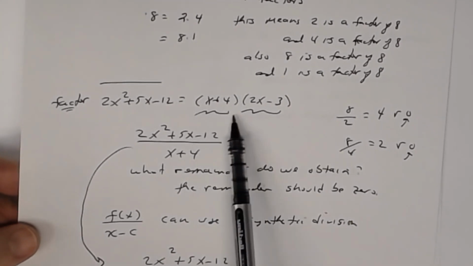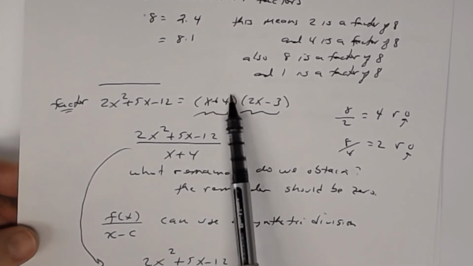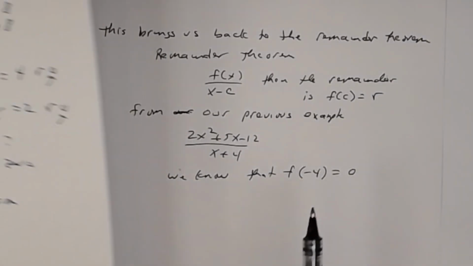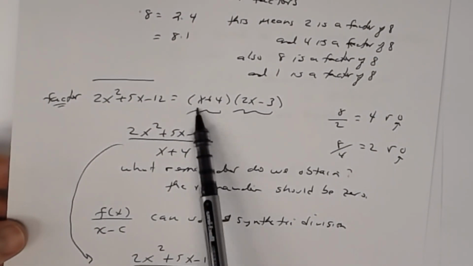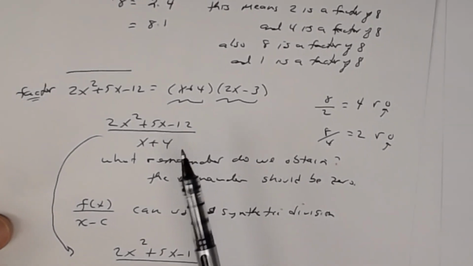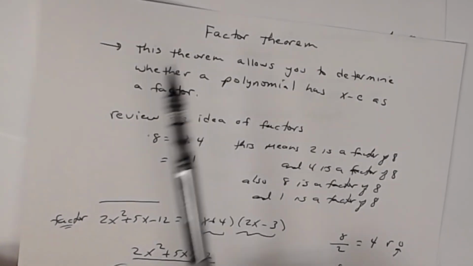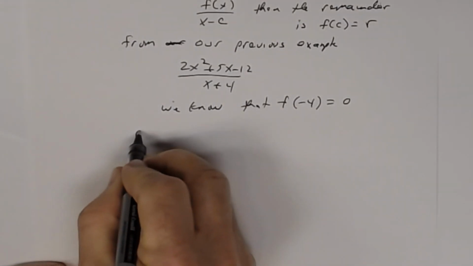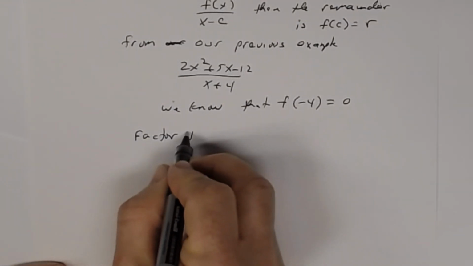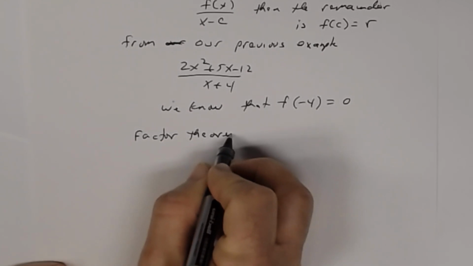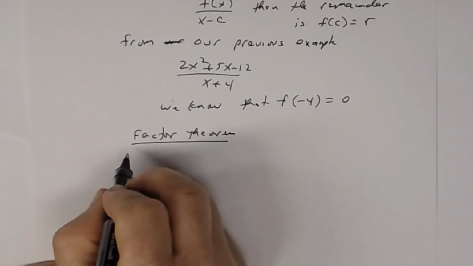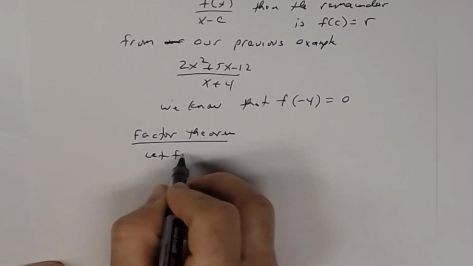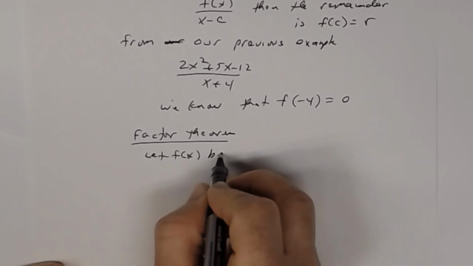So notice f of negative 4 was equal to 0, so that means that x plus 4 is a factor. That's part of our factor theorem. The factor theorem basically says this, and there are going to be two parts to it. The first part says we're going to let f of x be a polynomial.